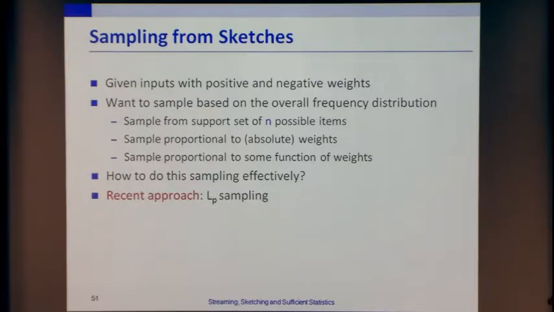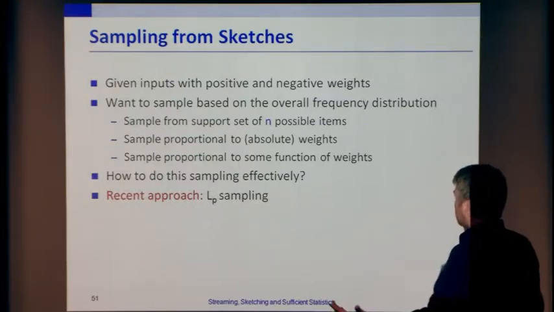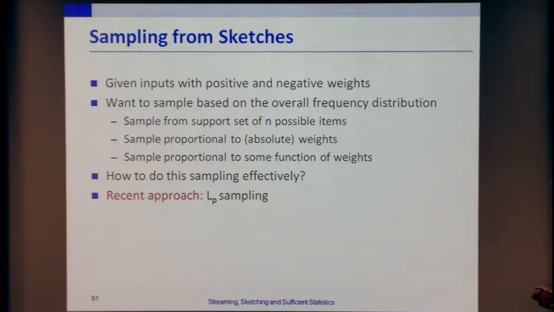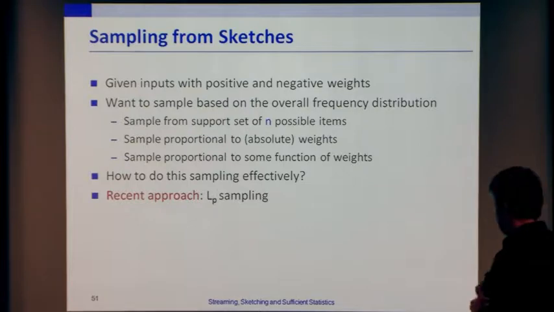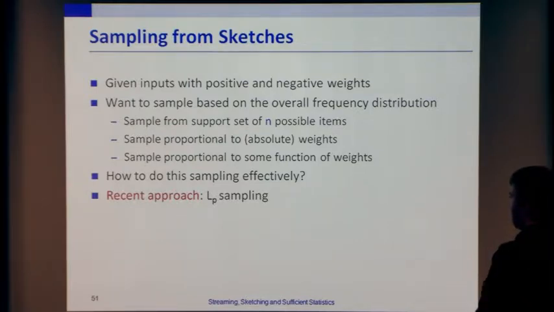What are the kind of sampling tasks we might want to do? We might want to sample from the support set of those items. So again, just associate the same uniform sampling probability for every item that has a non-zero frequency, but not sample from the items that have 0 frequency. We might want to sample proportional to the absolute weights of the items in that input. We might want to sample proportional to some function of the weights.